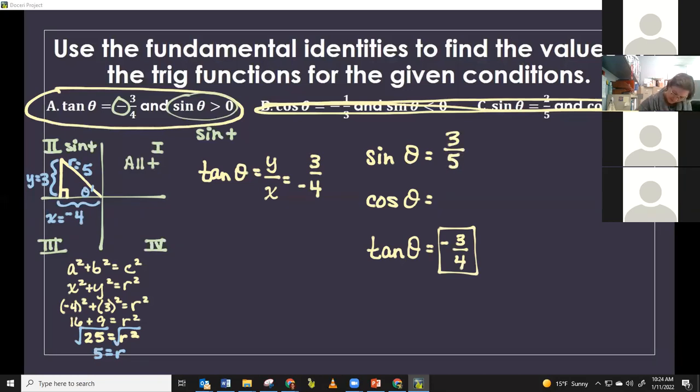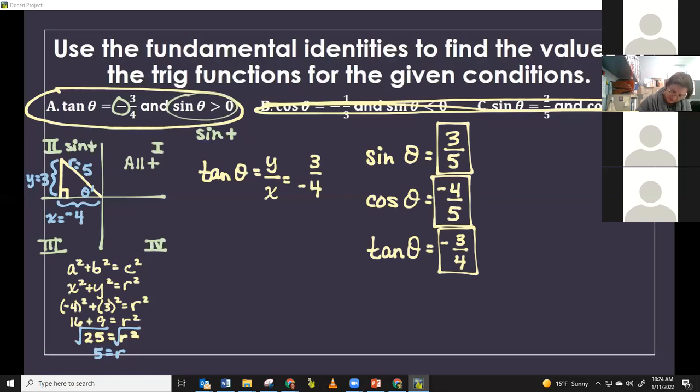What about cosine? What's our cosine going to be? -4/5. Yes, -4/5. And then we need our reciprocals.